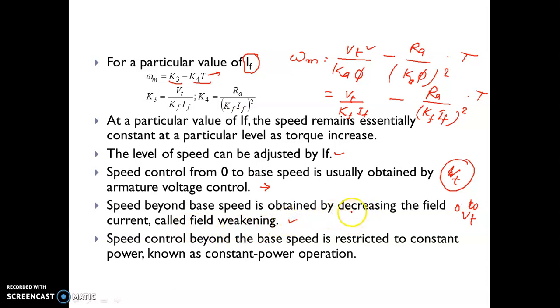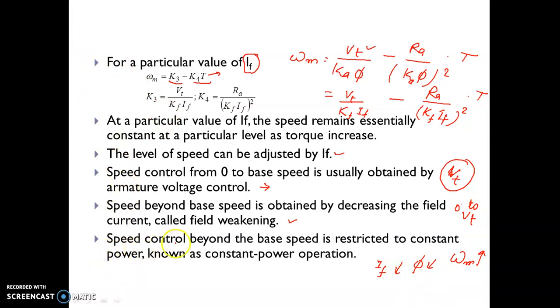If we decrease the field current IF, what will happen? Phi will also decrease and speed will increase. So this is called field weakening, and by application of this method, we can increase the speed.